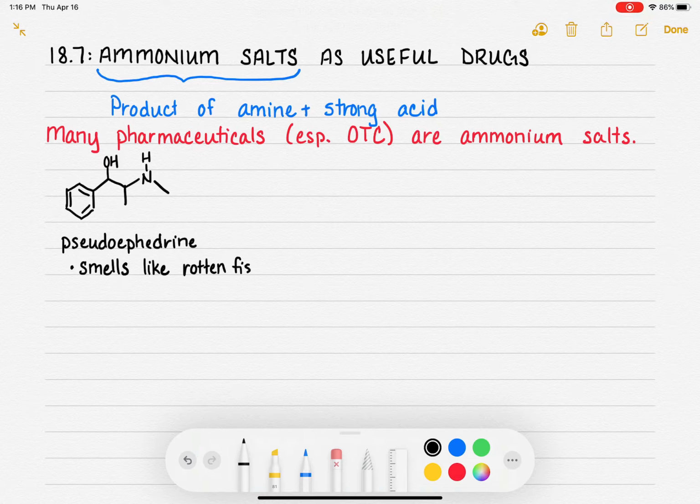A lot of the bad smells that you encounter in your world are amines. So decaying organic material, dead things, rotten food, urine, especially when it smells nasty. Those bad organic smells that you're smelling are almost always amines. So ephedrine smells like rotten fish, and it is not water soluble.